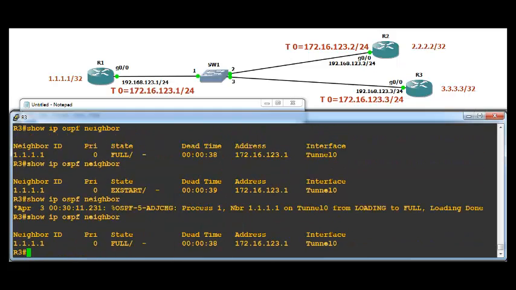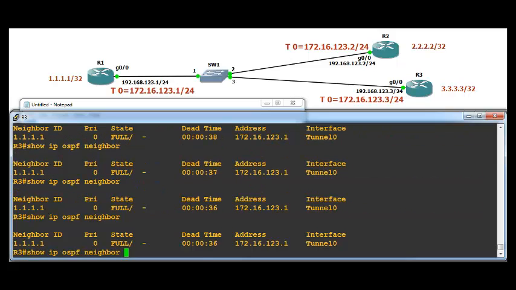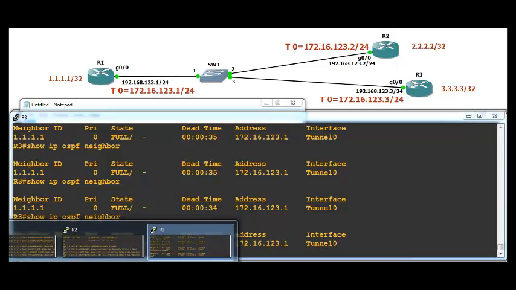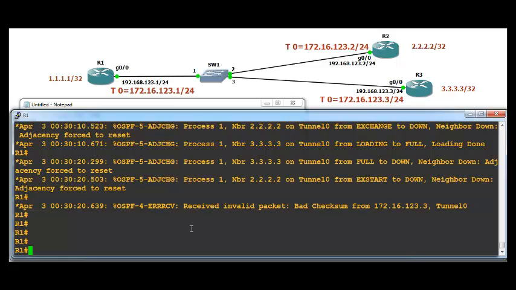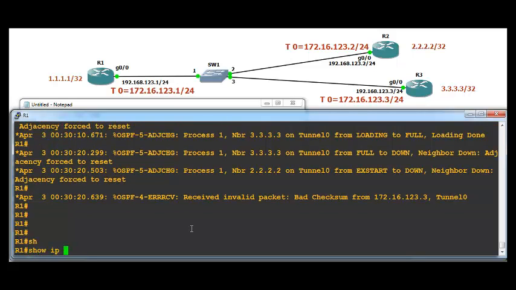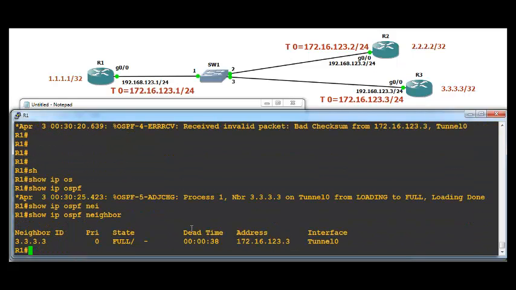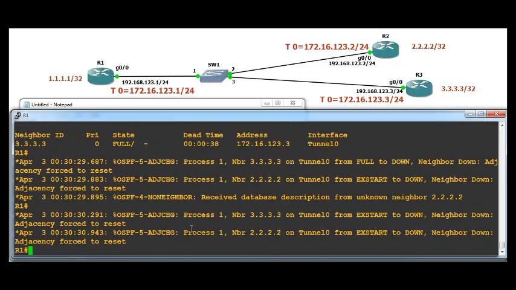Again it is going to exstart state. Let me go to router 1. Show ip ospf neighbor. See, I'm not seeing the neighbor stably. Where is R2? R2 is missing.